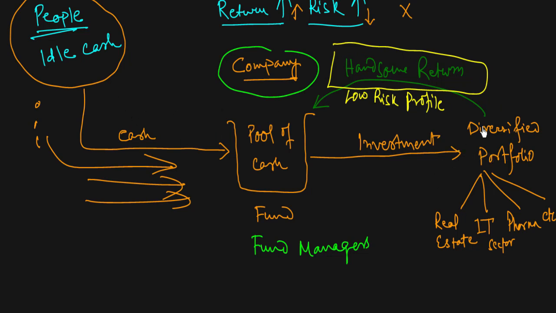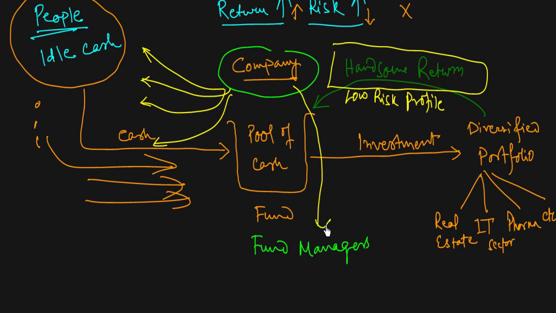The return coming from this invested portfolio comes to the mutual fund company, and the company then distributes the return among the investors after deducting a small commission, which is used to pay the salaries of the fund managers.